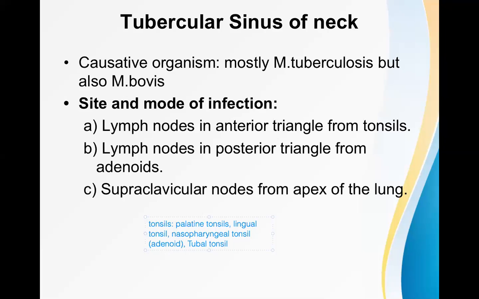Yes, which are those 2 structures? Eardrum and cochlea. Middle ear to nasopharynx. Middle ear and nasopharynx. Excellent. Very good. So that is a connection which is known as auditory tube or Eustachian tube.